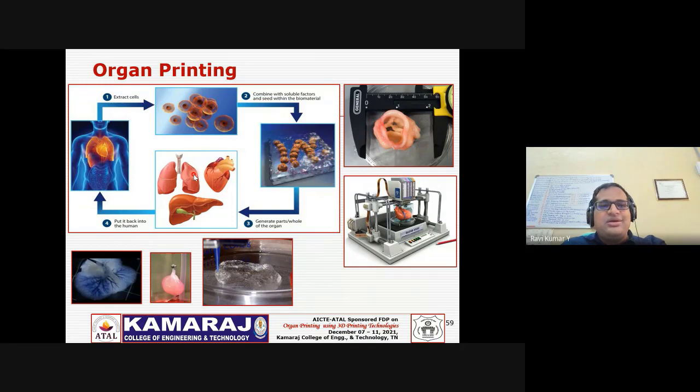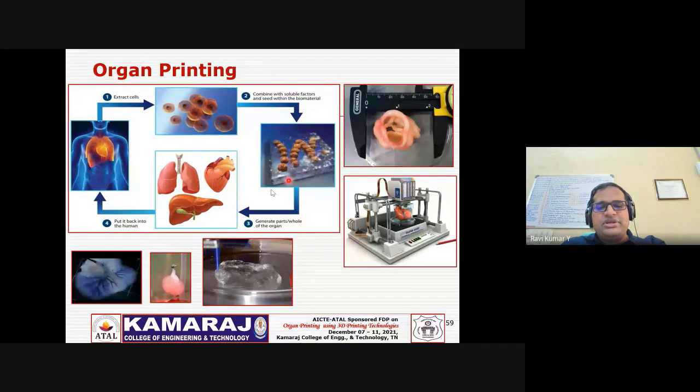As we understood, you extract the cells from the patient's own body, combine that with a soluble material, add some nutrition, and cultivate it in an incubator.